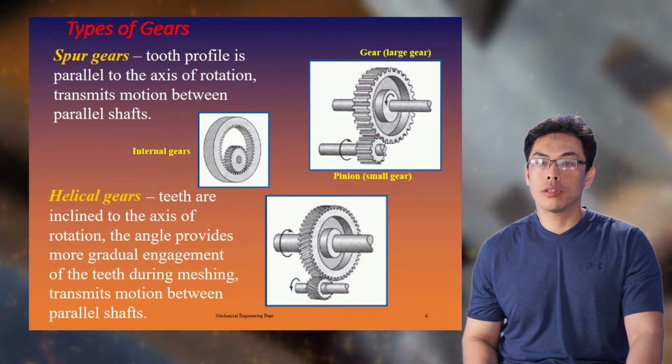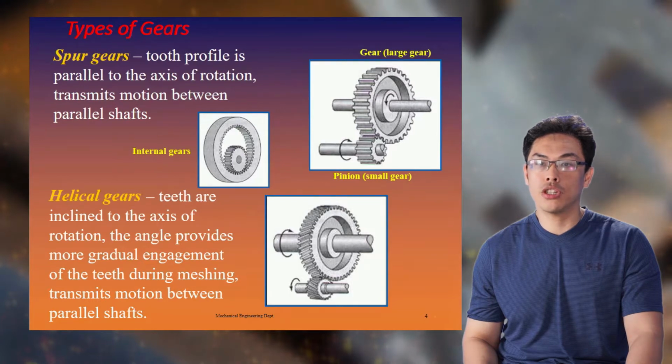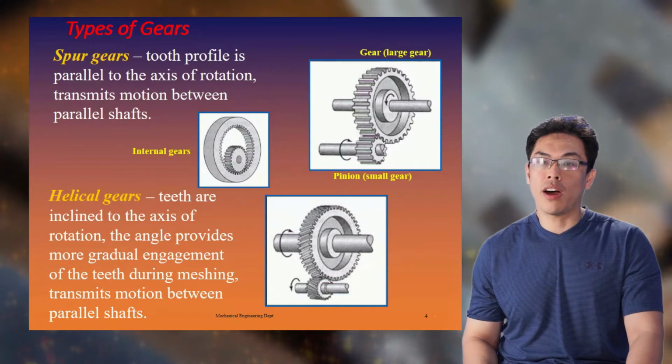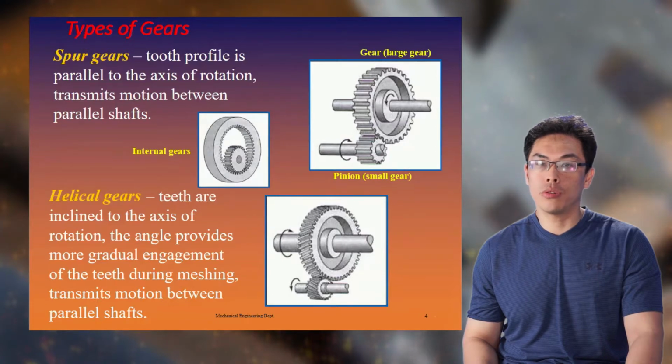The helical gears have teeth inclined to the axis of rotation. The angle provides more gradual engagement of the teeth during meshing, transmitting motion between parallel shafts.